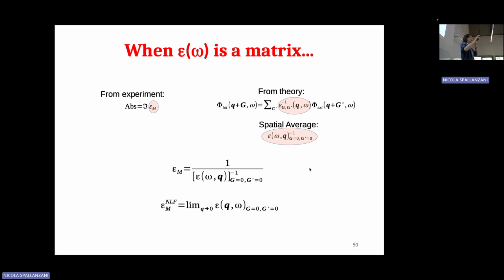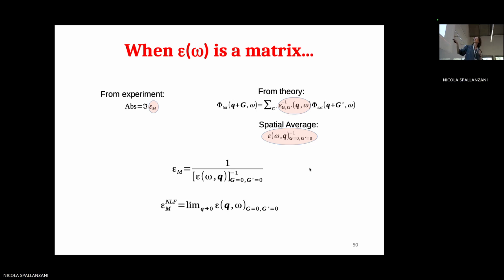In order to be able to compare the calculation with the experiment, we have to perform a spatial average over a length which is larger than the unit cell. The spatial average consists in taking just the G equal to 0 and G prime equal to 0 components.